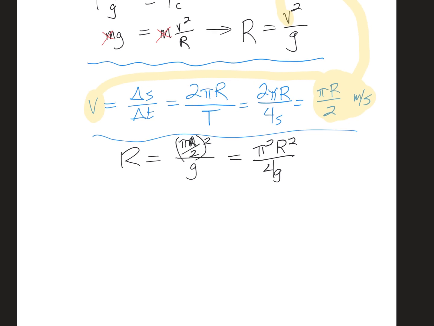And so what this will boil down to is that when I cancel out one of those r's, if I rearrange it all, r is going to end up equaling 4g over pi squared. Those are all known values, and if you crunch the numbers, you get 3.97 meters, so roughly 4 meters. So 4 yards, 12 feet-ish, is how high she's up when that happens.